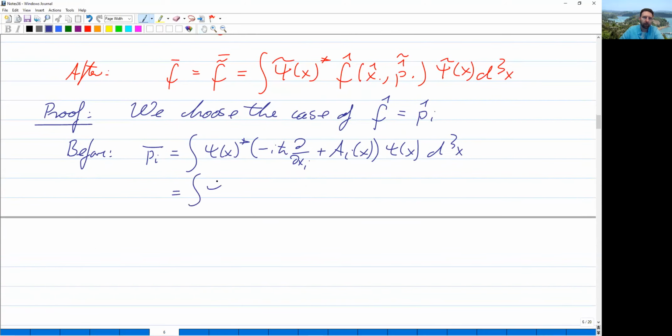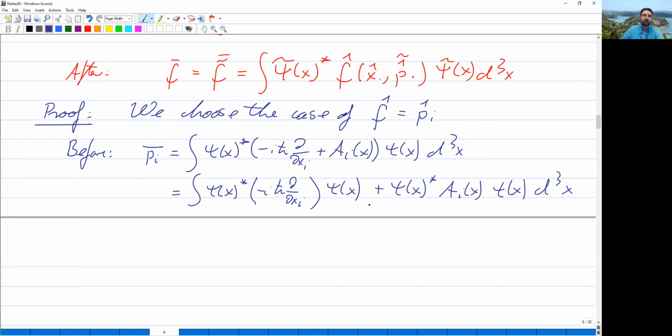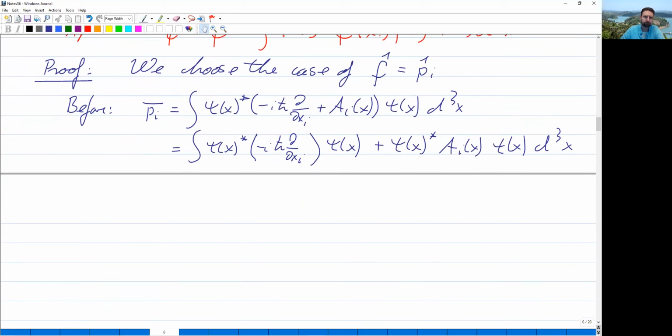It gives us the term of psi of x star and then minus i h bar d by dxi psi of x, and then plus psi of x star Ai of x psi of x d3x. I just wanted to spell them out because later we will have to identify the one and the other when they arise in the after picture.